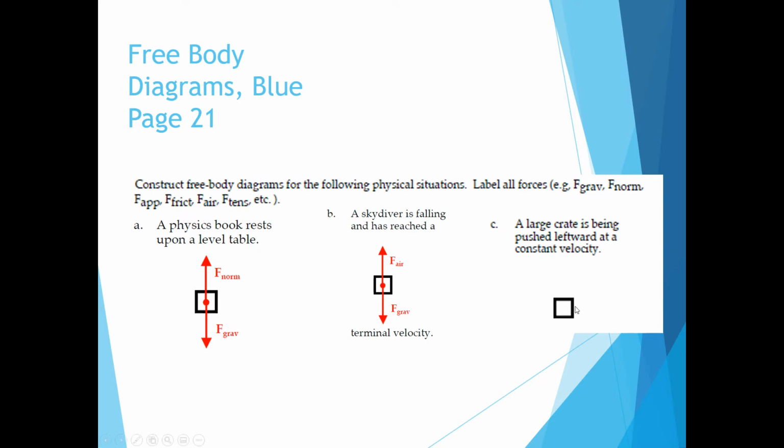It's being pushed leftward, which means that it's being pushed with an applied force in the leftward direction. And since it's moving across a surface, there's going to be a friction opposing it because it is moving. So you should end up with something like this.